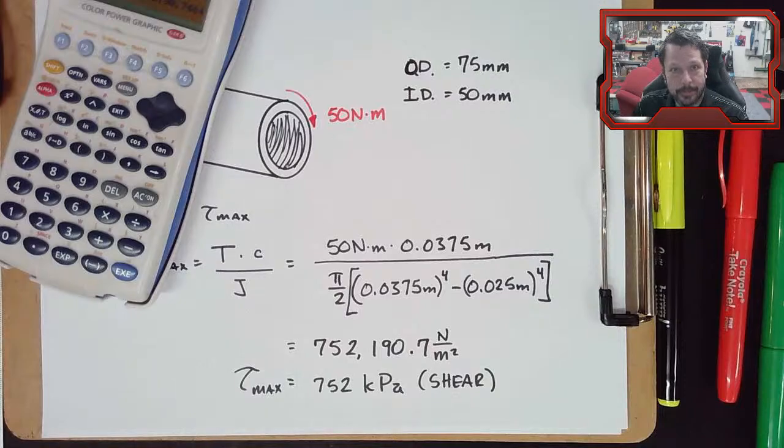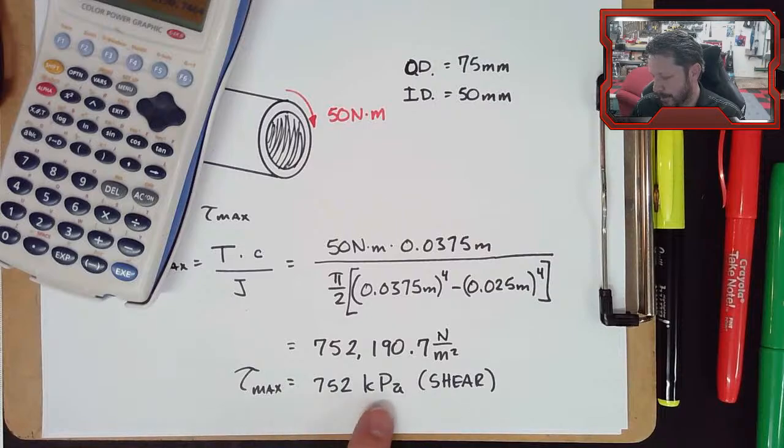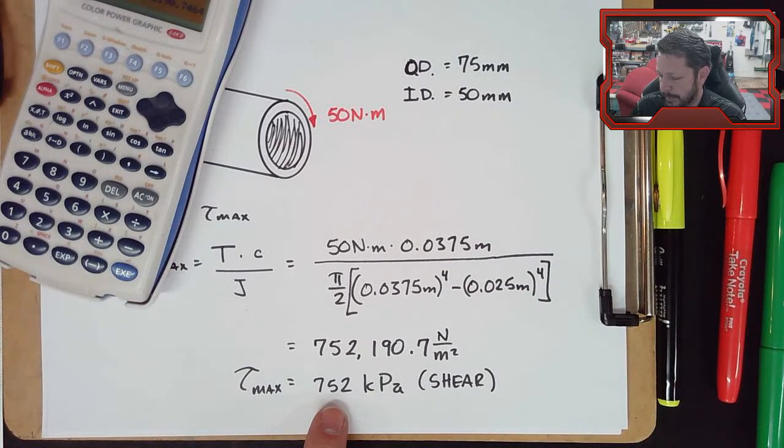So if we had a tensile strength of 200 megapascals, we would have a shear strength of 100 megapascals, 10 to the 6th pascals. We're way under that. We're at 752 times 10 to the 3rd pascals. So we're not even close to yielding any of this material with the 50 Newton meters.